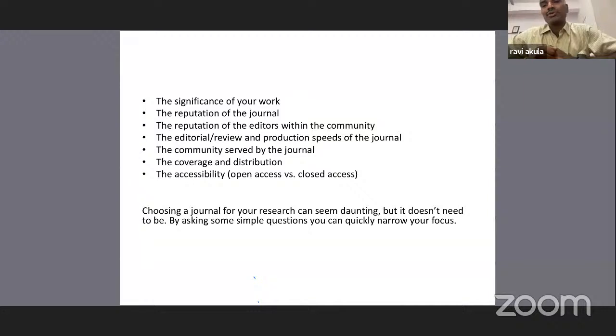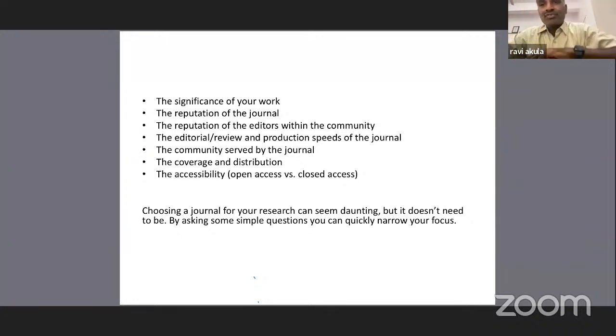If it is subscription based, the citation opportunity will be less because the reader needs to make payment to read the paper. If more readers are not going to read, the opportunity of getting citations will be less. So we need to keep in mind several parameters and points before choosing a journal.